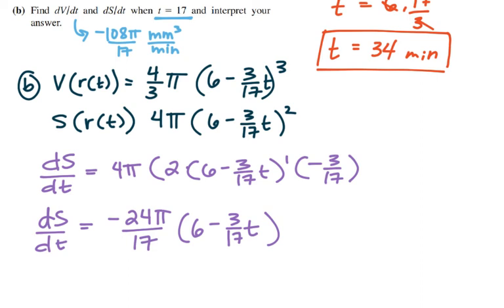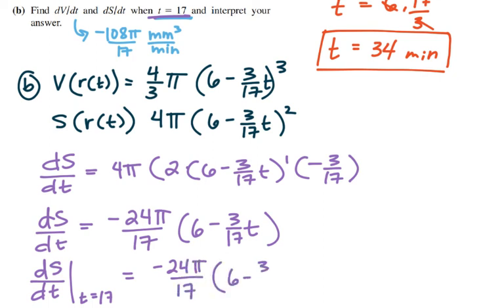So if I again come back up here and evaluate that when t is equal to 17, that's the derivative of S with respect to t evaluated at t equals 17. That's negative 24 pi over 17 times (6 minus 3 over 17, plugging 17 in, times 17).